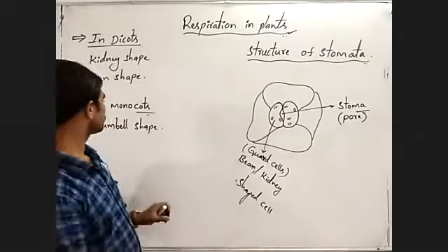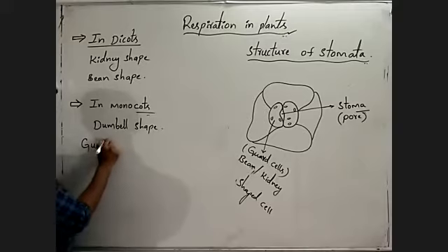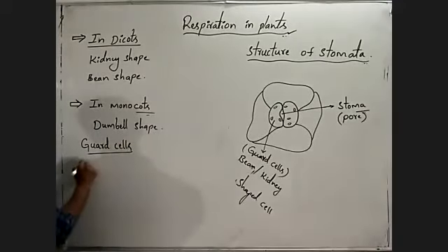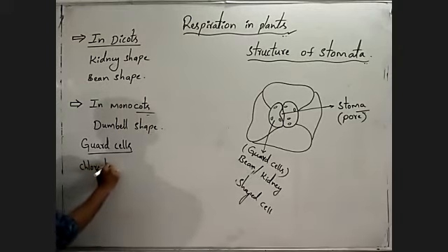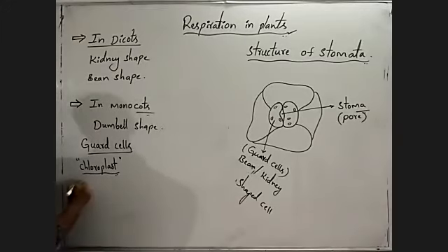Next, guard cells have chloroplast, an important one, and perform the photosynthesis process.